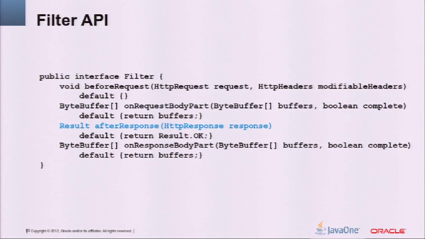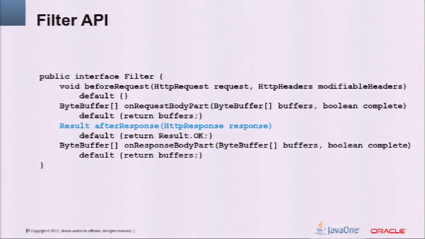So then we have the afterResponse method. This is called once for every valid response. It's allowed to do a number of things. For instance, it's allowed to examine the response headers or response codes, and it can decide whether to allow the response to continue or whether to cause an error.